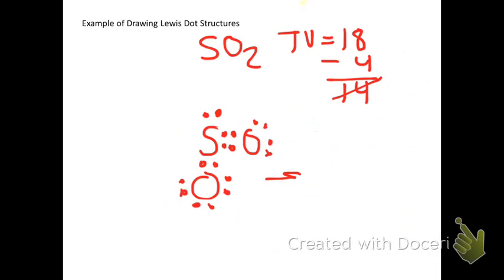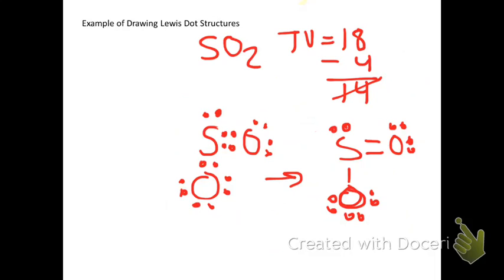And so if I were to show lines, it would look like this. We still have these dots, and the lone pair there. And now what we have is a double bond there. Alright, so there's our Lewis dot structure for this.